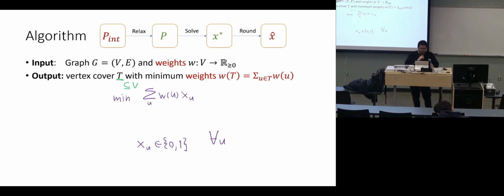Okay. Can you tell me the constraint that we should put? This is not complete yet. What should be the constraint that we should put in this thing? It should be about every edge. Let's say for every edge uv, what is the constraint that I should write here?